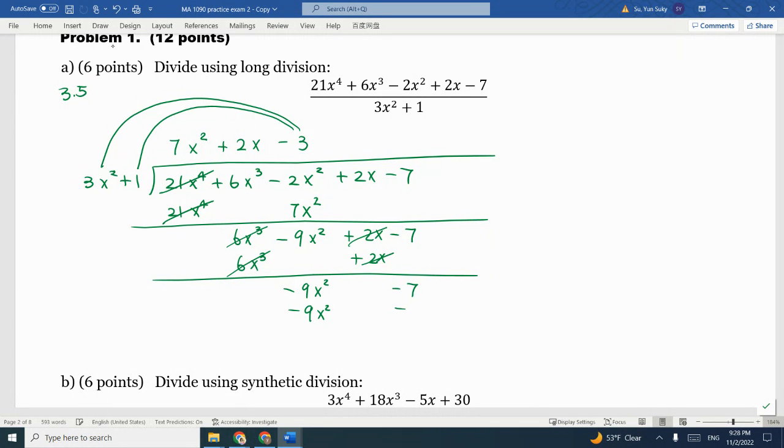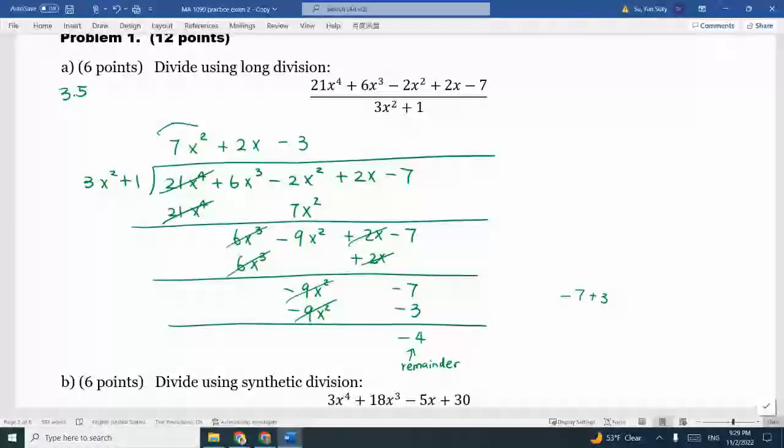Negative 3 times 1, negative 3. Use the first line, subtract the second line. Minus 9x squared minus negative becomes plus, so they cancel. Negative 7 minus negative 3 becomes minus 7 plus 3. That is negative 4. So this is the remainder. Negative 4 is the remainder. And this is the quotient.